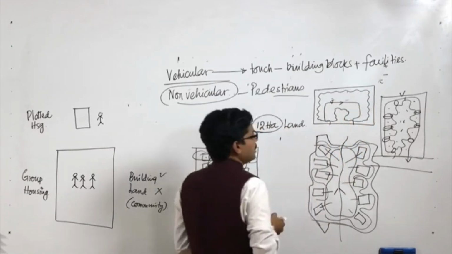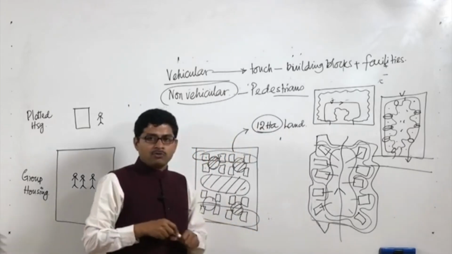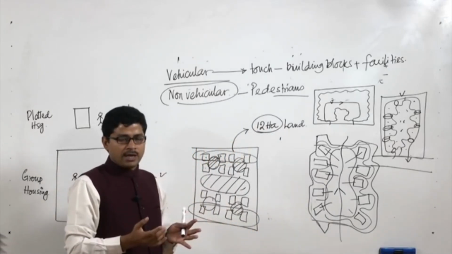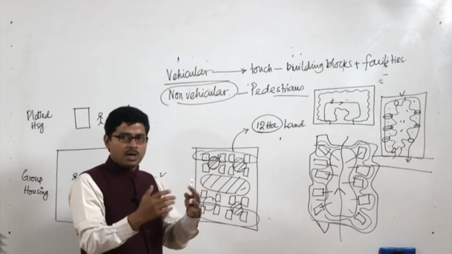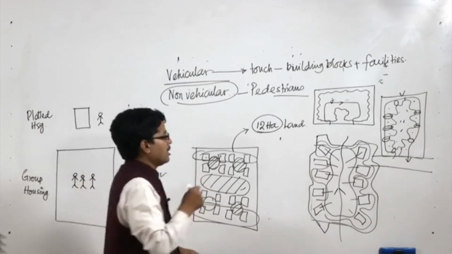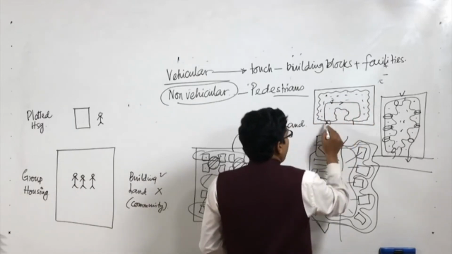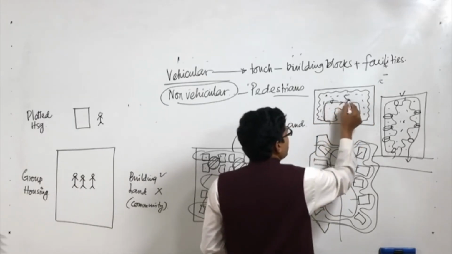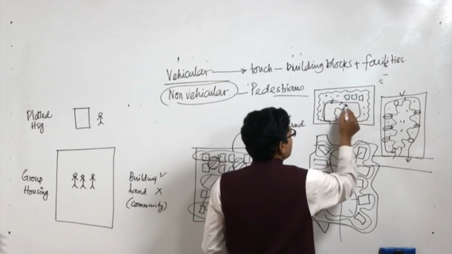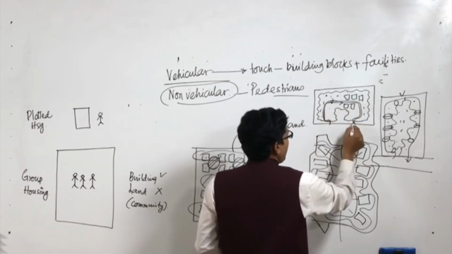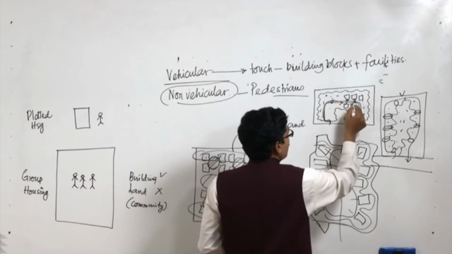That is also possible, that your non-vehicular or pedestrian movement is around the building, so that they can see outside. These are the building blocks provided suitably, and inside the two sets of buildings, you are making only one vehicular access, giving access to all the buildings.